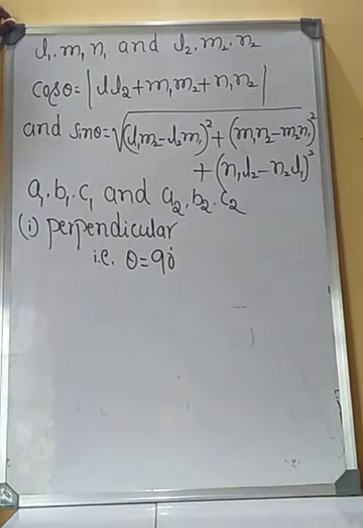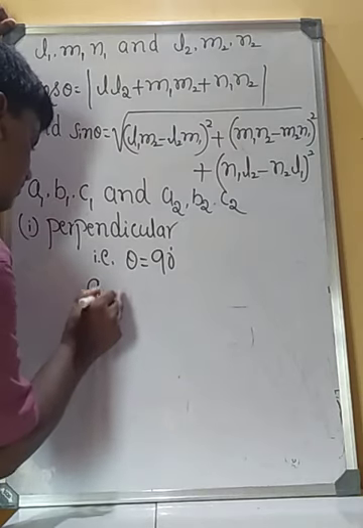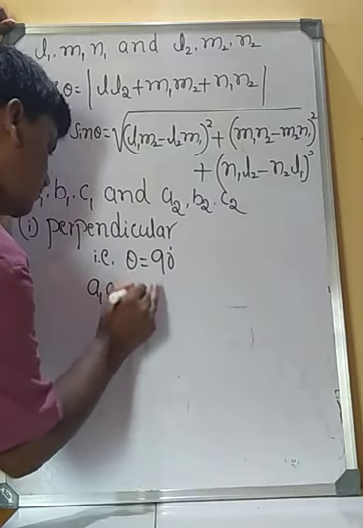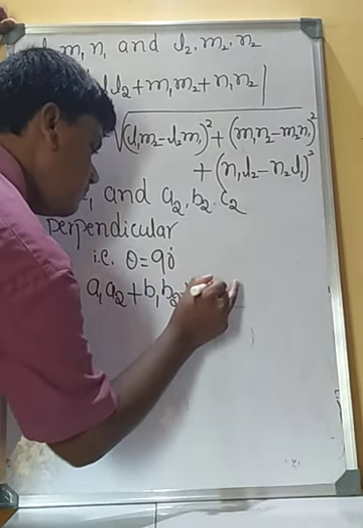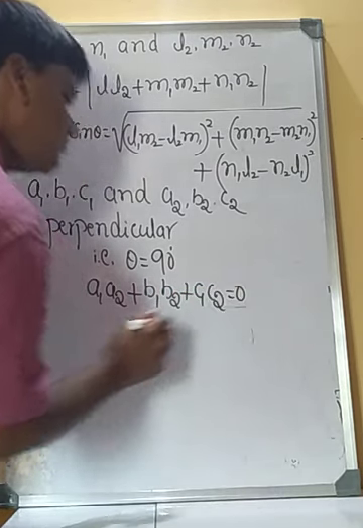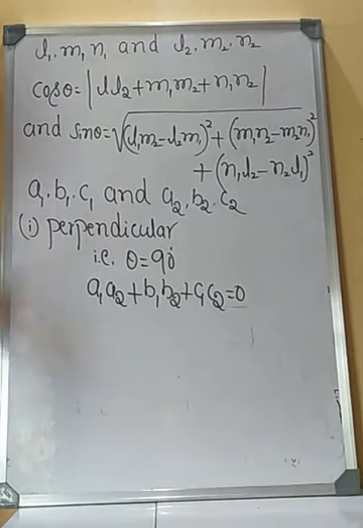By equation 1, therefore A1 A2 plus B1 B2 plus C1 C2 is equal to 0.